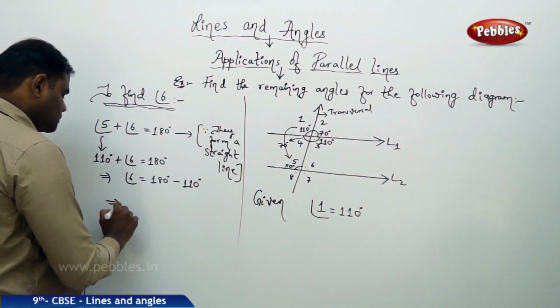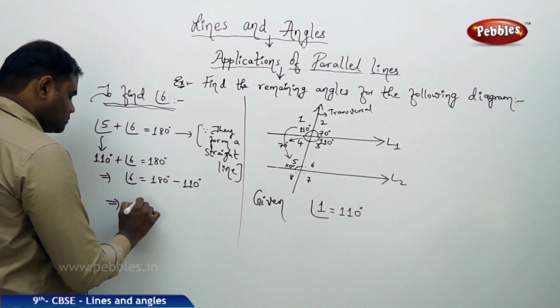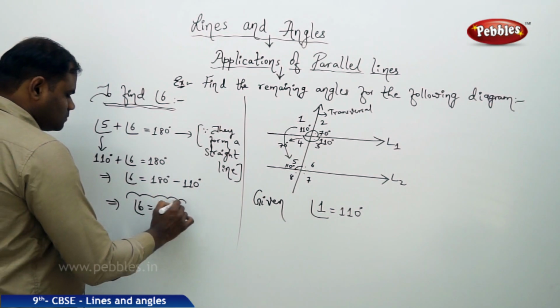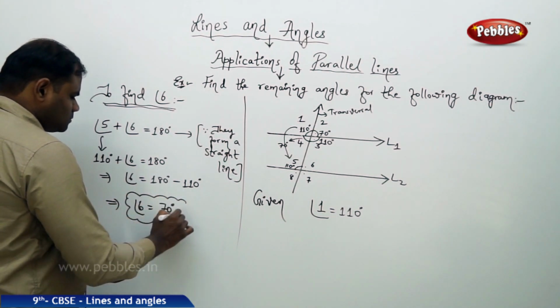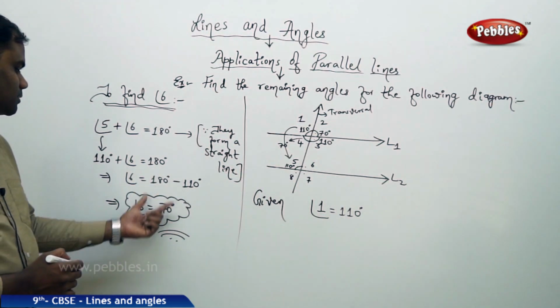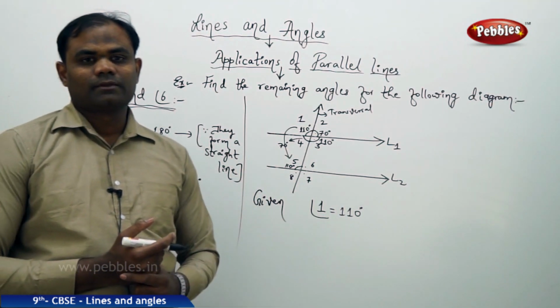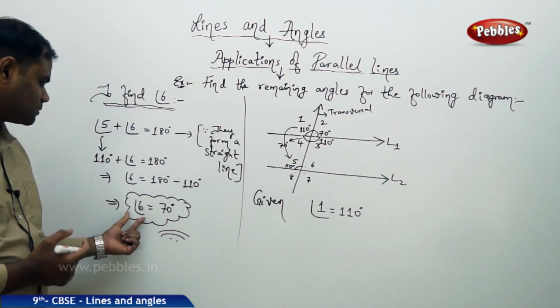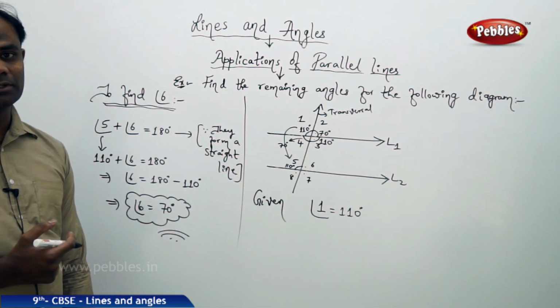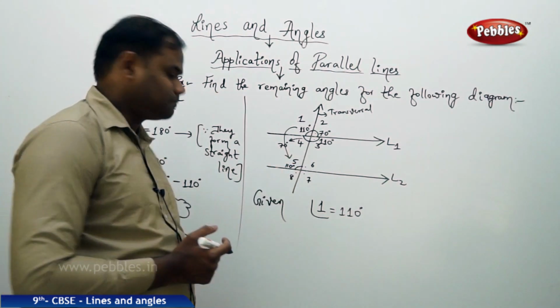That implies angle 6 is 70. 180 minus 110 is 70. Therefore angle 6, which is 70 degrees, is what we have found using the straight line property, utilizing angle 5.